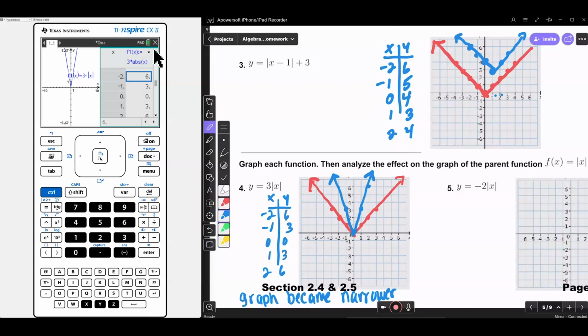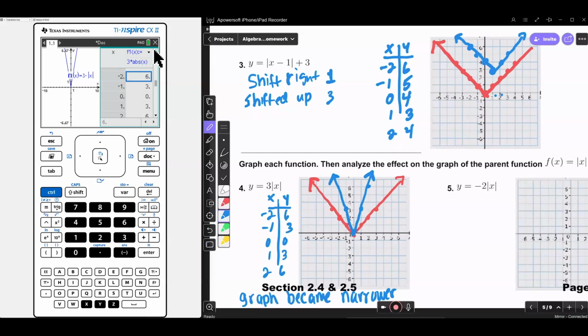Now the one on top, I forgot to write down what happened to the graph. It went ahead and it did shift right 1 unit, and then shifted up 3 units, right? So it's going to shift right, and then it shifted up 3 units.